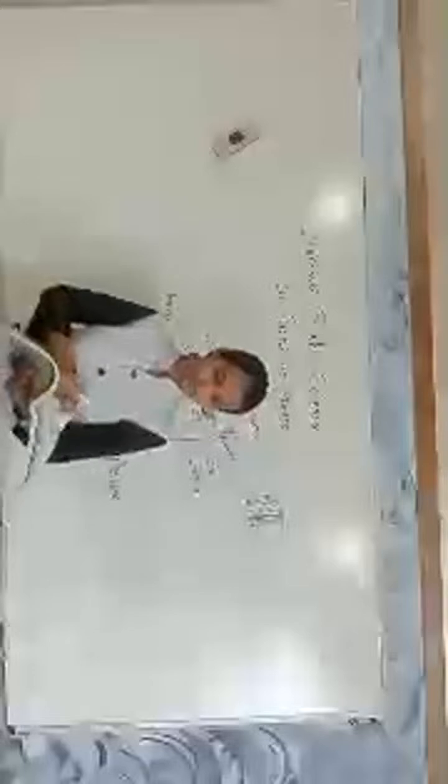Last, the process of baby plants growing from seeds is called the germination process, and making food is called the photosynthesis process. Okay, so I hope all your queries are clear and all the best for your exams. Thank you.